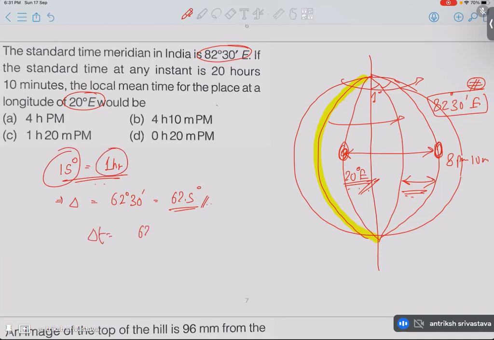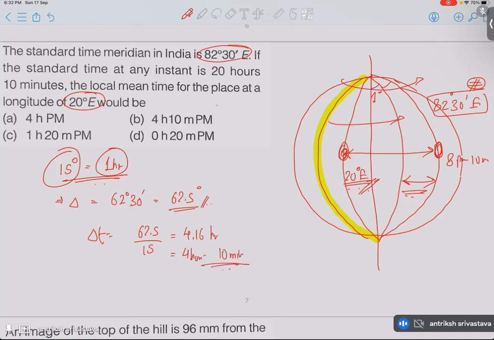So 62.5 divided by 15. How much is that in hours? It is 4.16 hours. Basically 4 hours and 10 minutes.